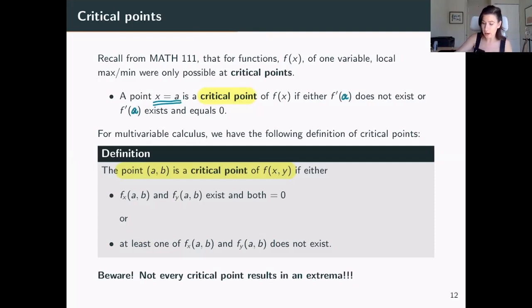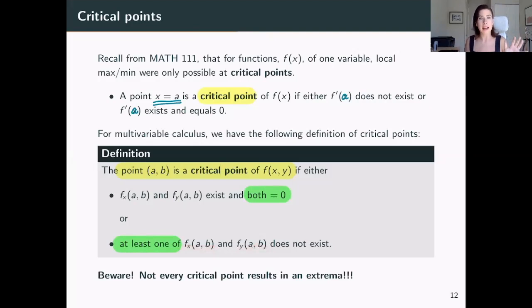So here we have to have that the partial with respect to x and the partial with respect to y are both equal to 0, or we have that at least one of the partials of f with respect to x or f with respect to y does not exist.